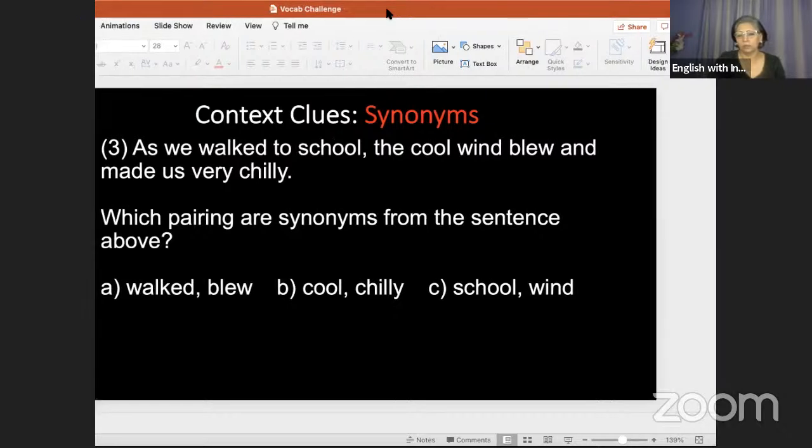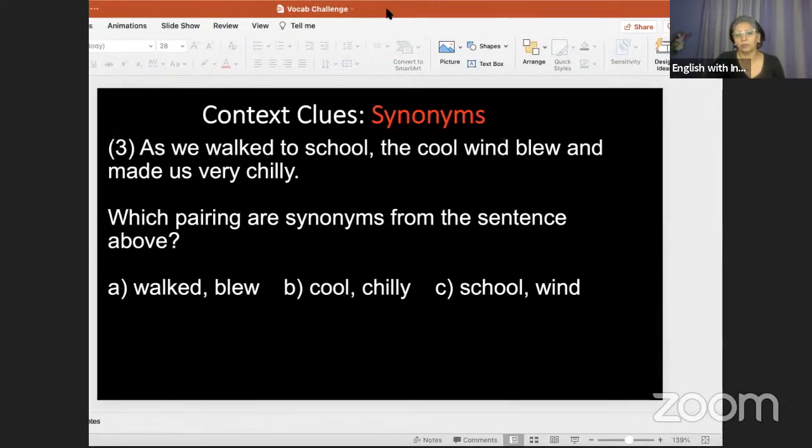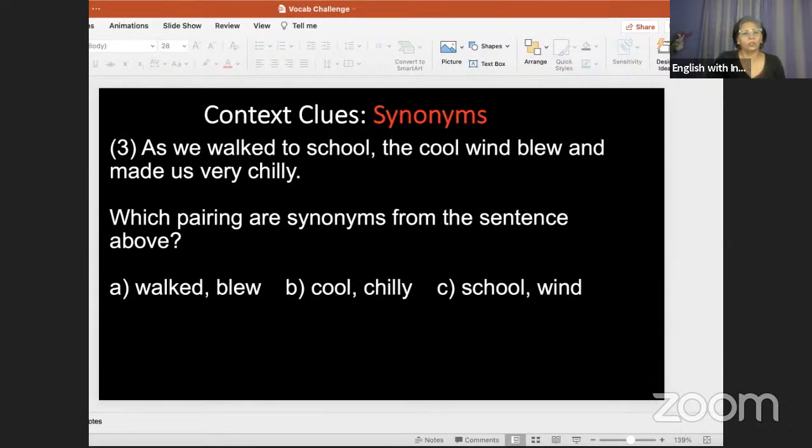So let's see if anyone is giving the answer. If you look at this, as we walked to school, walked and blew, do you think they are paired? Walked and blew? No. So what do you think? Cool and chilly. Cool is when you feel pleasant.